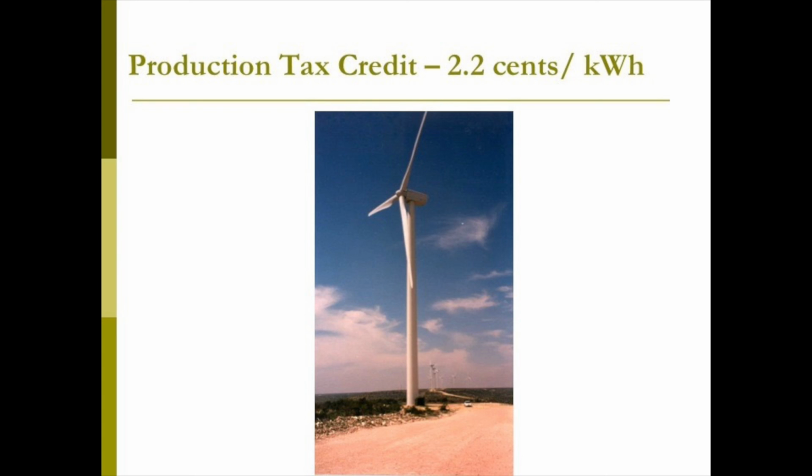It's 2.2 cents per kilowatt hour for electricity produced by a wind farm, and it applies for a new wind farm for 10 years of its life. This has been a very important incentive for getting people in the United States to build wind farms. And this is something that Congress passes every year, and almost every year threatens not to pass. So this kind of incentive system for wind farms is very important.